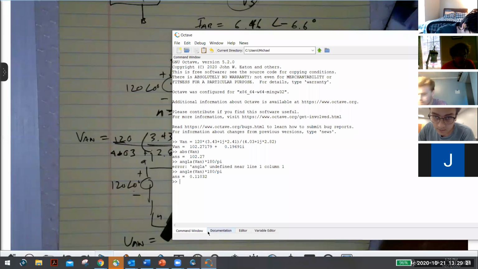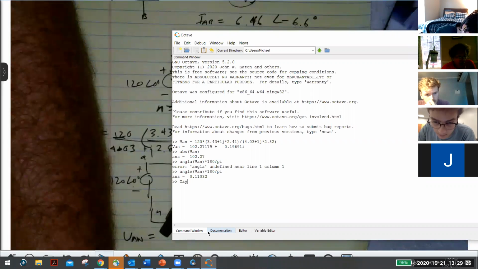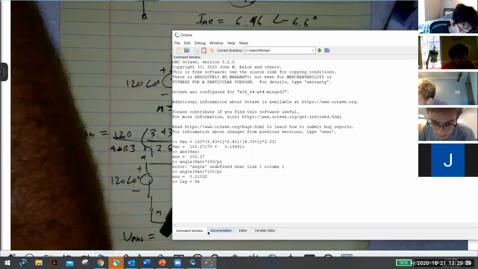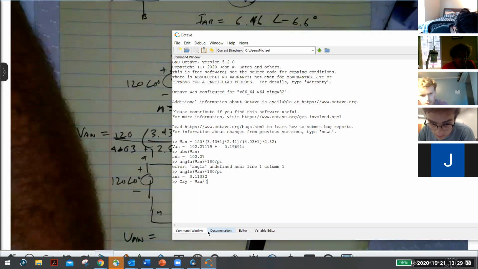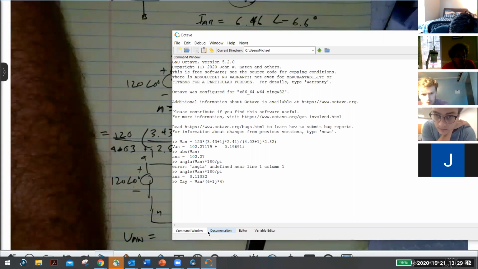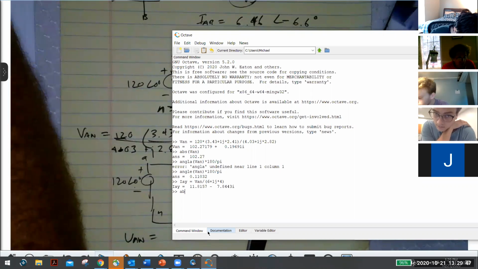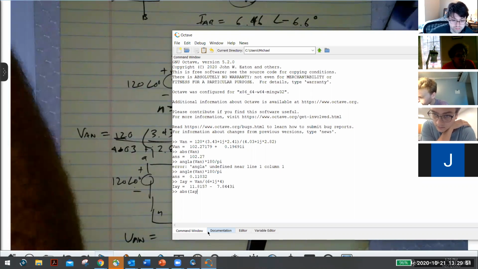So if I wanted that IAY, I would take my VAN, it should be capital AN here, divided by 6 plus j4. That's real and imaginary, and then the magnitude would be that.